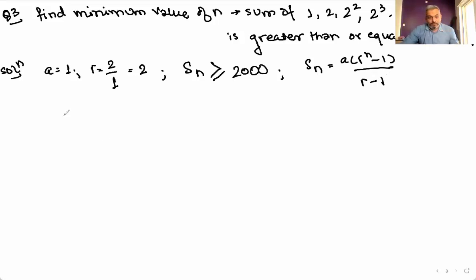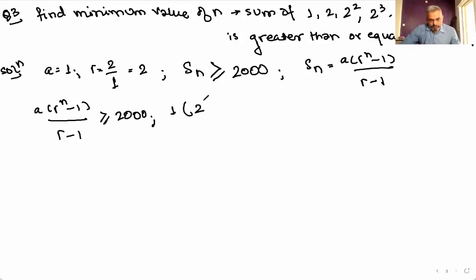Substituting, a into r raised to n minus 1 upon r minus 1 is greater than or equal to 2000. Now a is 1, r is 2, so 2 raised to n minus 1 upon 2 minus 1 should be greater than or equal to 2000.